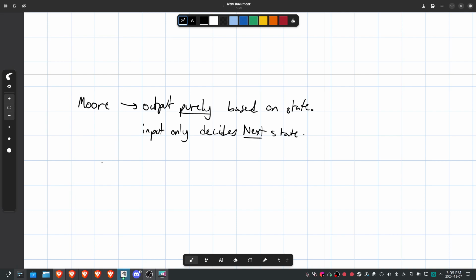So if a Moore machine has a state 0, it's going to have the same output. Let's define that as output 1, right? If state is 1, it's going to have output 2. It'll never change. You know that if you have a certain state, you're going to have a certain output.